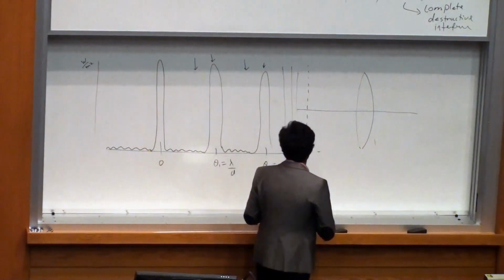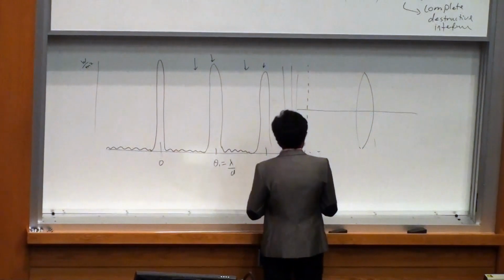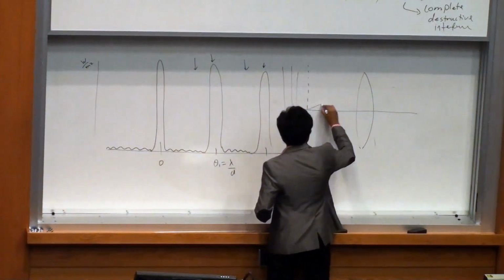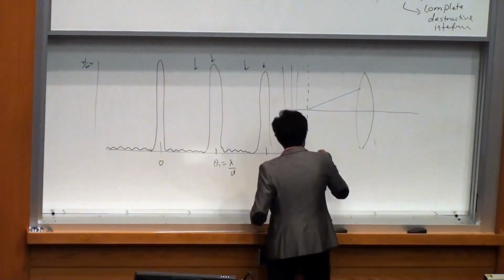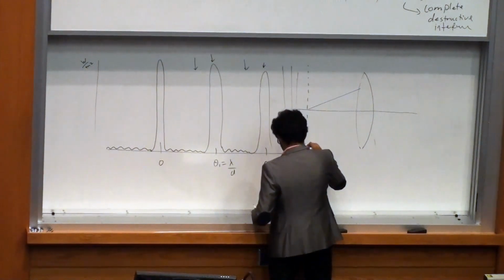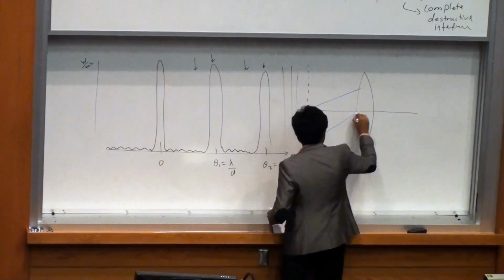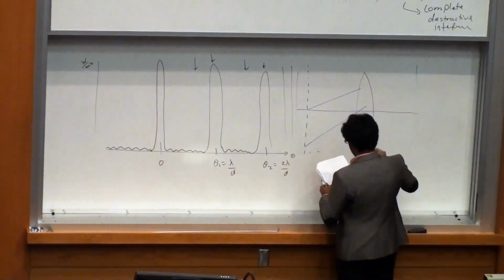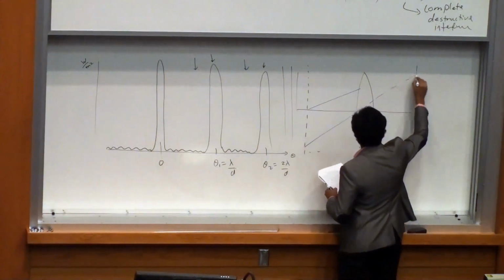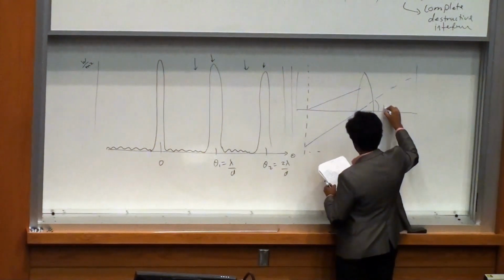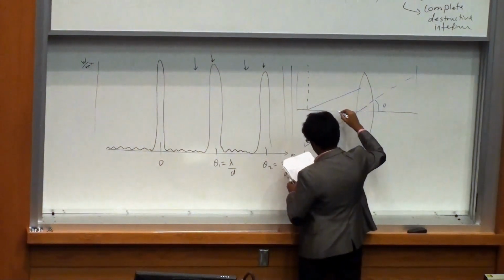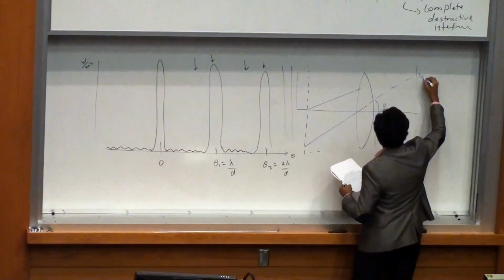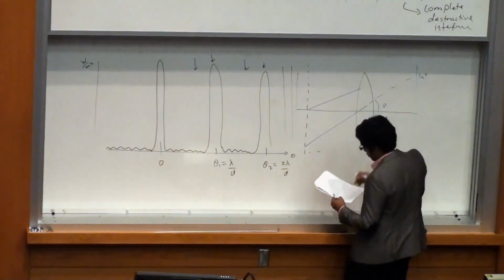Now, let's say I'm looking at some light over here coming in at some angle, and some light over here coming in at some angle over here, right? So what I'll see on this end is something like that, and this is going to be my first order, and over here that's going to be my 0th order.